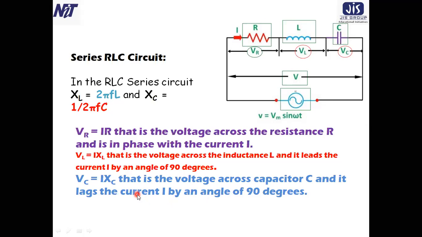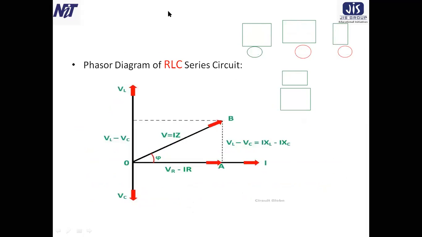Or in other words, for a capacitive circuit, the current leads the voltage. So all these three are already explained in the previous lecture. I'm just giving you a recall of this for a better understanding of the next part.